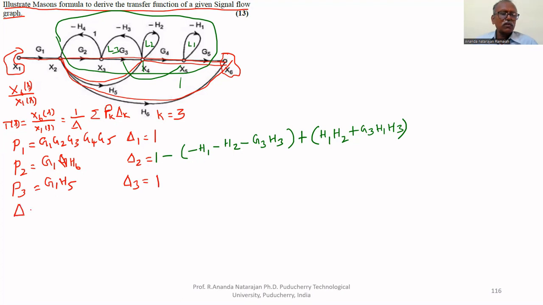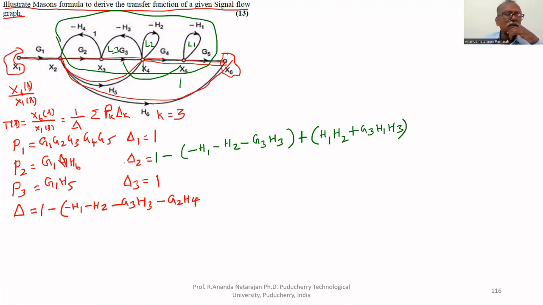Delta now we have to find. Delta, for the complete graph we have to find. That is 1 minus the loops: L1, that is minus H1, minus H2, minus G3 H3, minus G2 H4. Any other loop? Four loops, that's all.